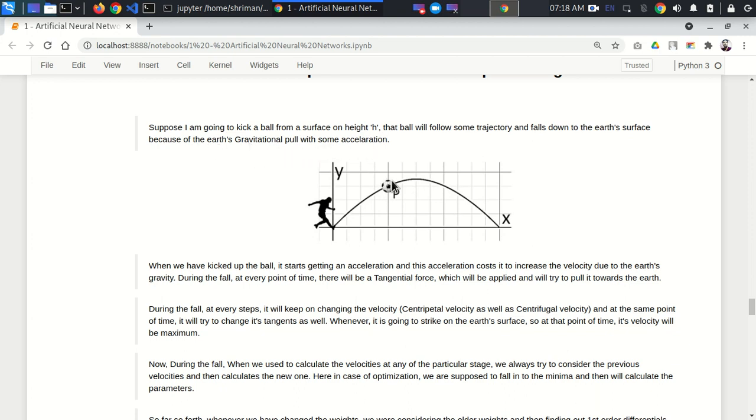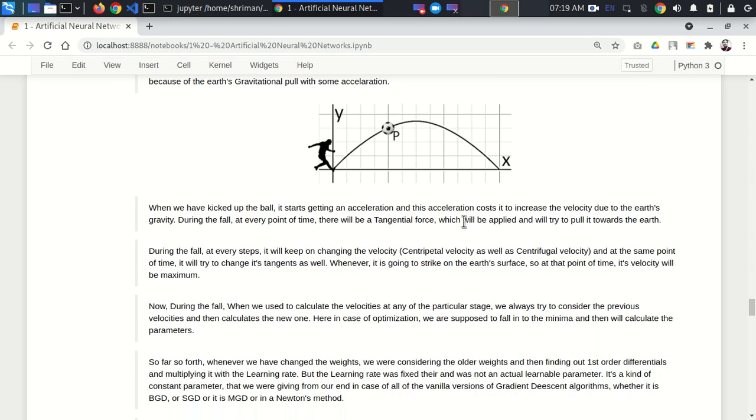We all know from physics classes that whatever we propagate in an upward direction, there will be a gravitational pull exerted on this particular object, and it will be attracted towards the earth. So what is actually happening here? When we kick the ball, it starts getting an acceleration.